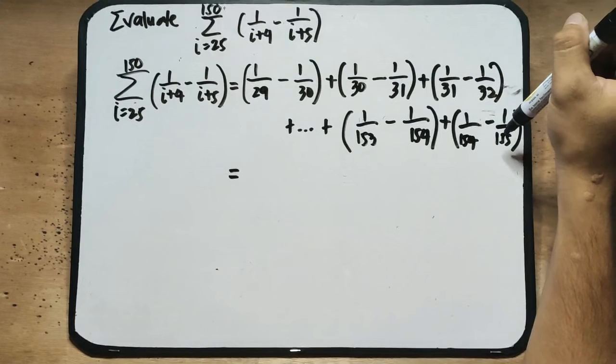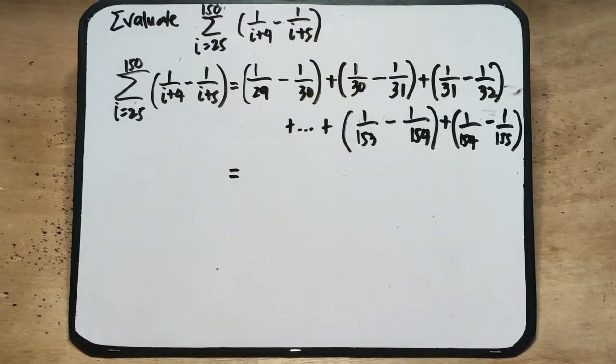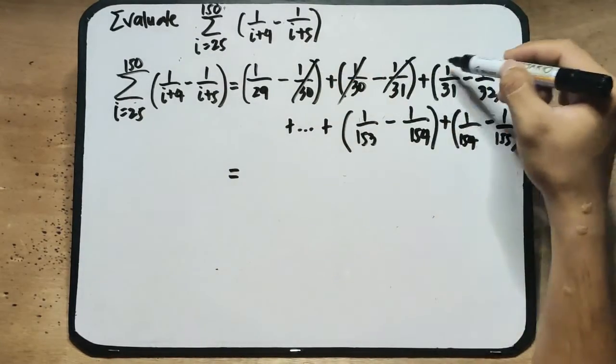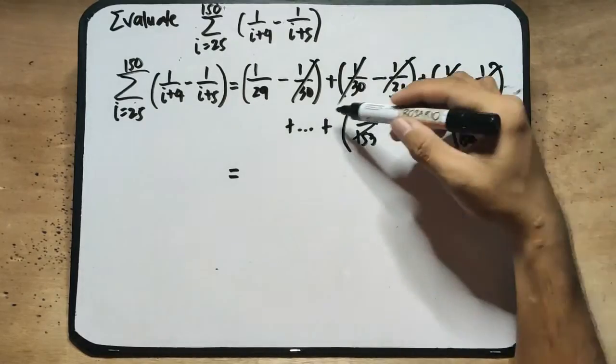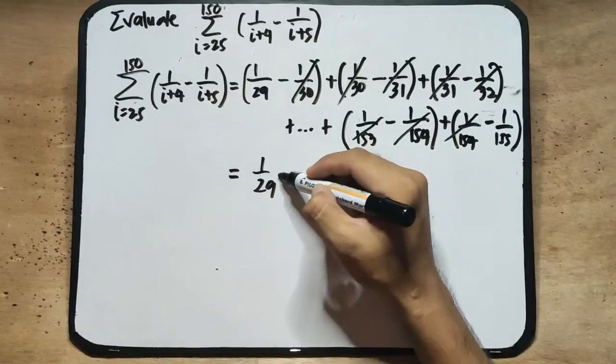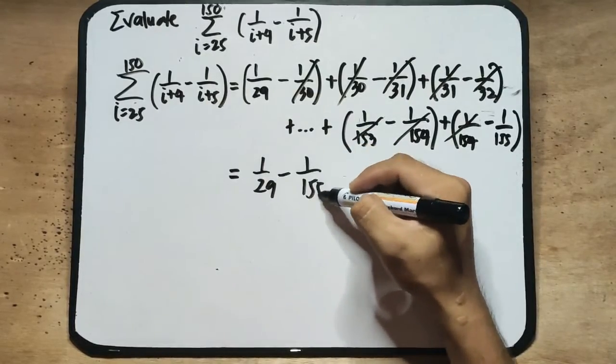So, definitely, this is an example of a telescoping series. These will cancel for sure as we continue. What remains is 1 all over 29 and 1 all over 155.